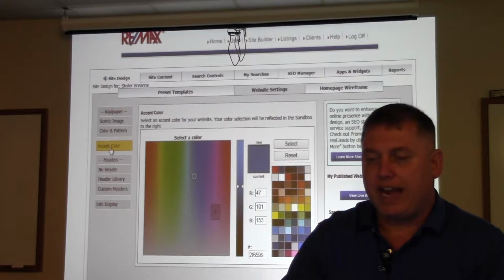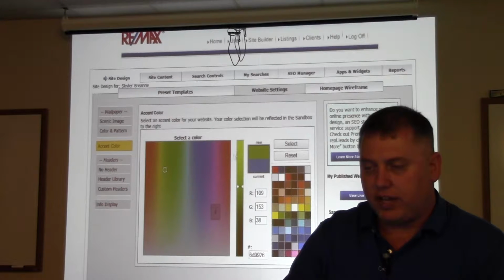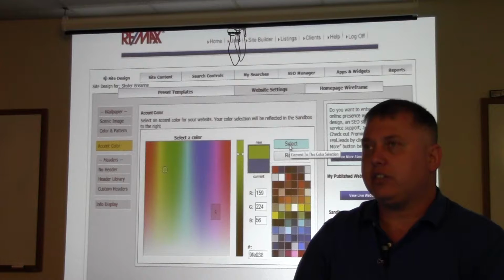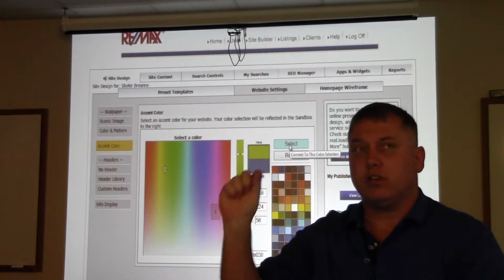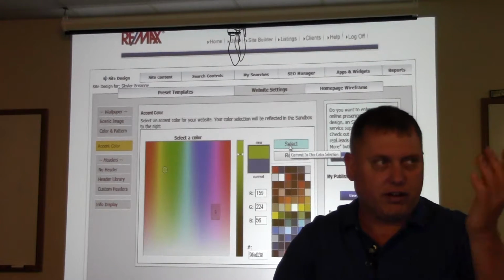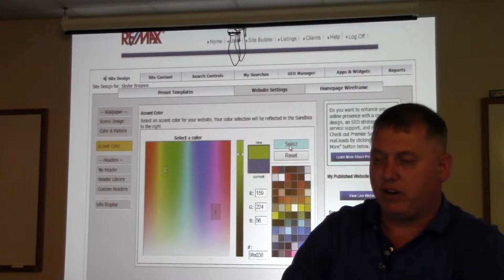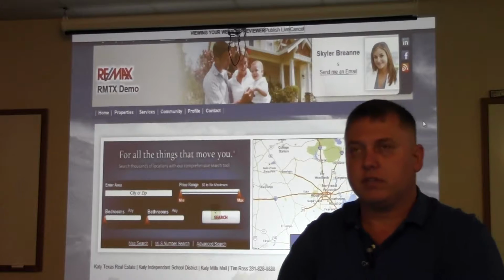Accent colors. What the accent colors are is actually making specific changes to specific fields on your website. Now, I'm going to select a really vibrant color here. We're going to preview. Okay?